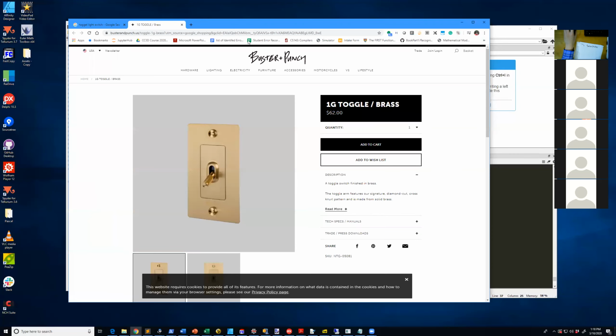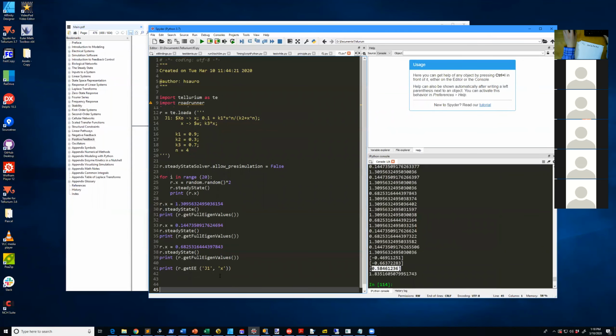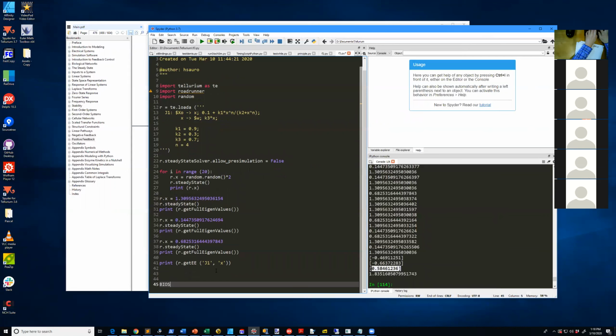Now, such systems like this, which have multiple steady states, in this case, 2 stable ones, are called bistable systems. Very common in nature, very common in cells. They're often used to switch states from a low state to a high state.